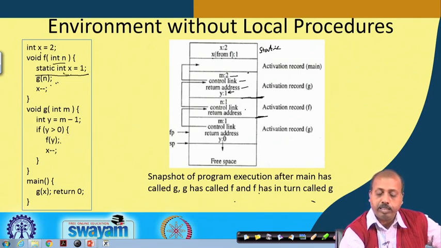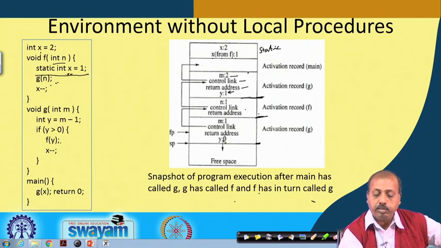Then this static int x is static, so it has gone to the global section, and there are the control link and return address. I will come to the control link later. Then from here it has given a call to the g routine. The activation record for g is created and pushed into the stack, and then y equal to m minus 1. m was equal to 1, so y becomes equal to 0.